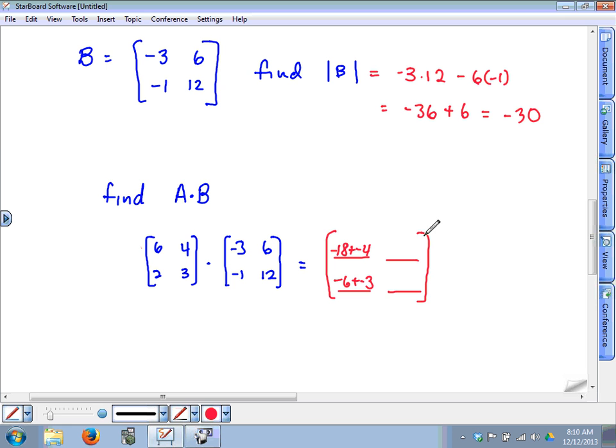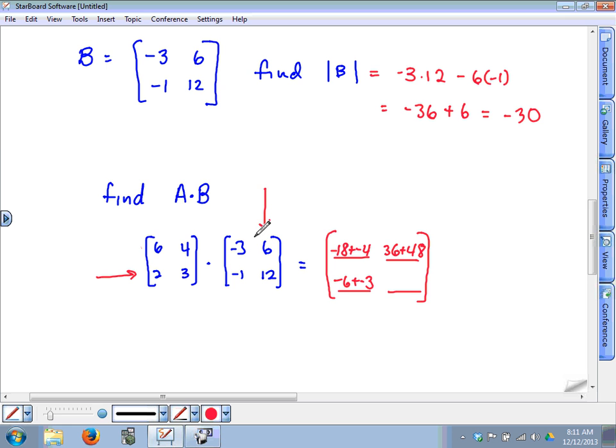Now to find this entry right here, this one is in the first row second column. So you need first row, second column. 6 times 6 is 36. Now you move across the row and down the column. So it's 4 times 12, so you add that to 48. Last entry here, second row, second column.